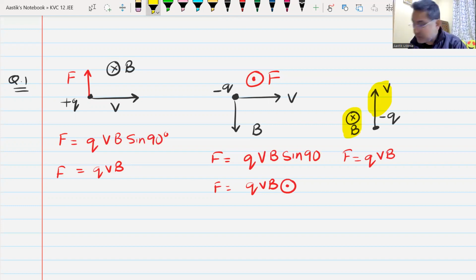You just have to rotate your hands. V is in the upward direction, B is inside, so the force will be like this. If it was a positive charge, it would be like this, but this charge happens to be negative, and therefore the force will be in this direction. As you can see, all three quantities F, V and B are mutually perpendicular to each other.